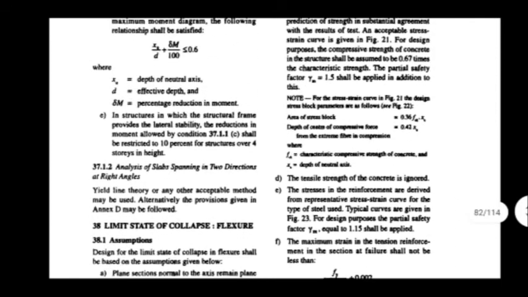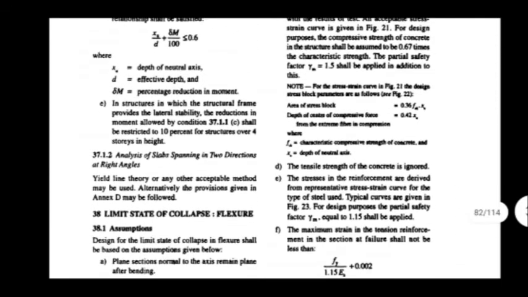Now, the next assumption: the tensile strength of concrete is ignored. Note that in the case of an RCC structure which we will design with the limit state method, the tensile strength of the concrete is ignored.